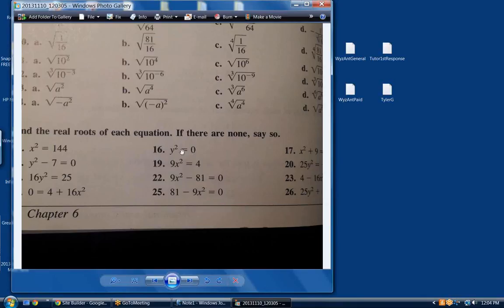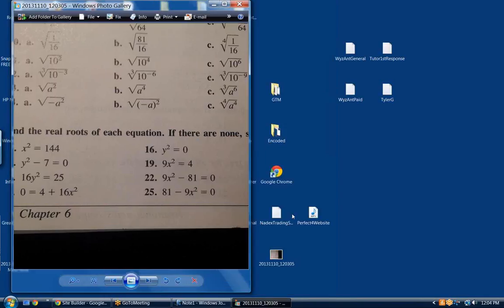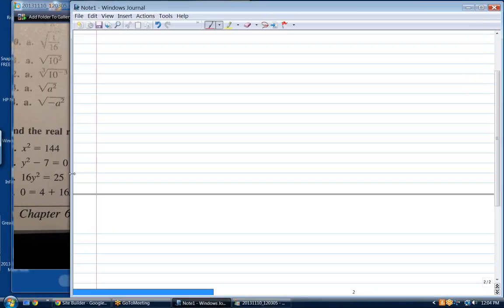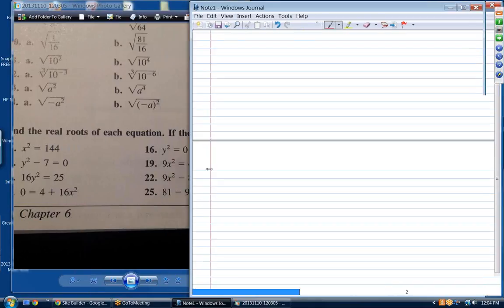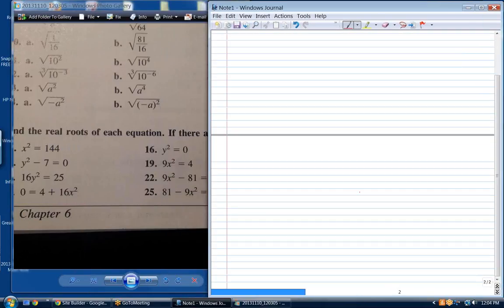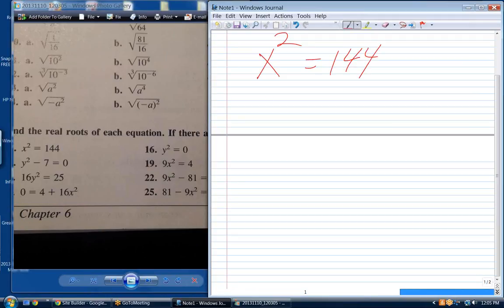Number 15: x squared equals, sorry, I can't quite see 15. 15 must be x squared equals 144? Yeah, the numbers just got cut off. That's all right, and it's not any big deal if you have to verbalize part of it. All right, so if x squared equals 144, what is x equal to? 12.